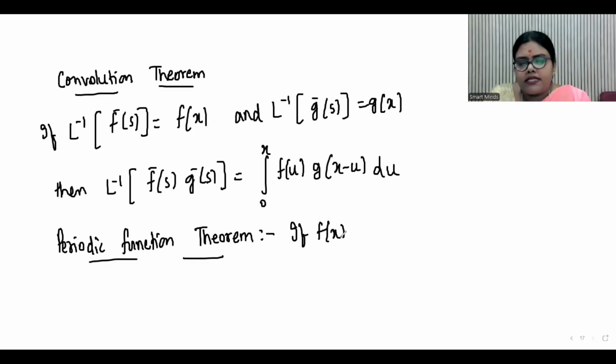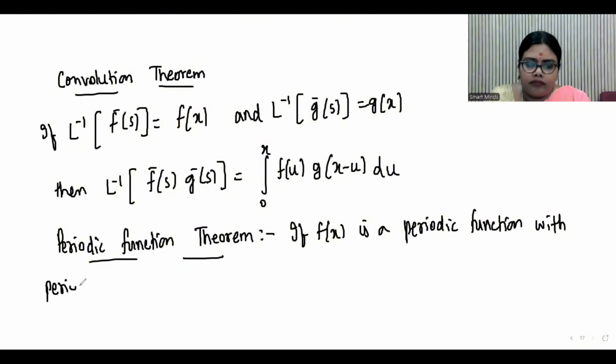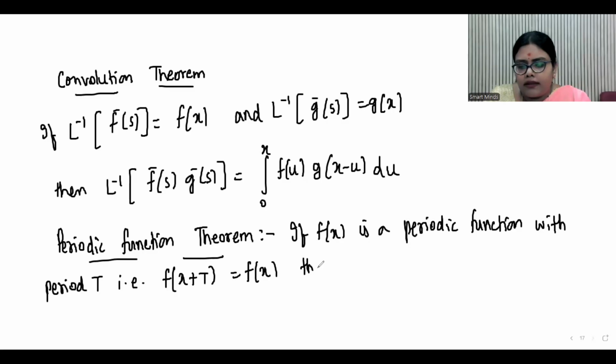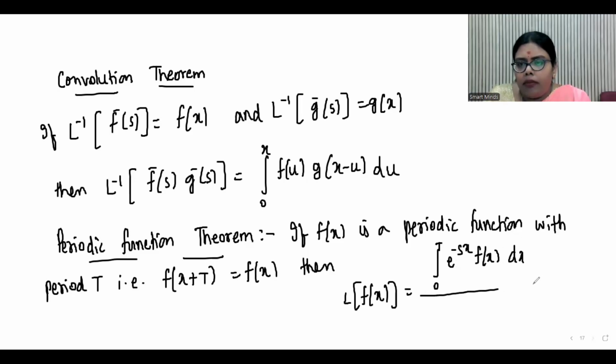So if f of x is a periodic function with period t, that is f of x plus t is equal to f of x, then L of f of x is equal to integral 0 to t e power minus sx f of x dx by 1 minus e power minus st. This is the periodic function theorem.